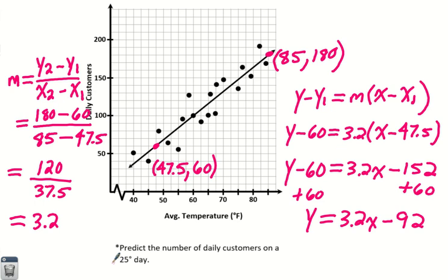And it's not like that is the one and only correct equation, because depending on what points you picked, the equation could be slightly different. But all right, now the prediction question. 25 degrees. Once again, I don't know if I could just eyeball my graph where that falls on my line of best fit.